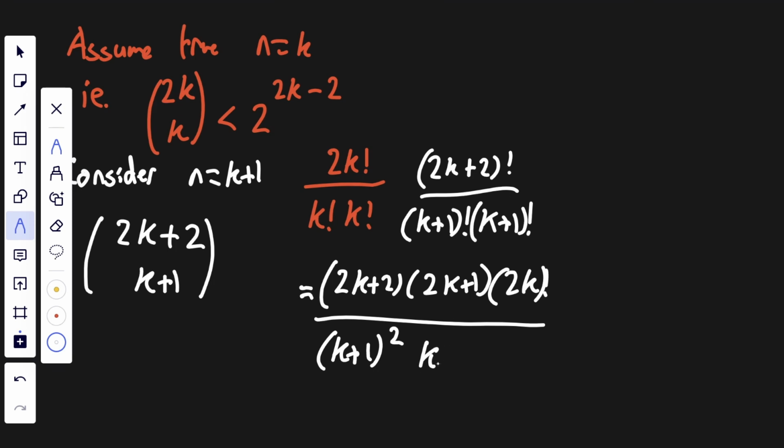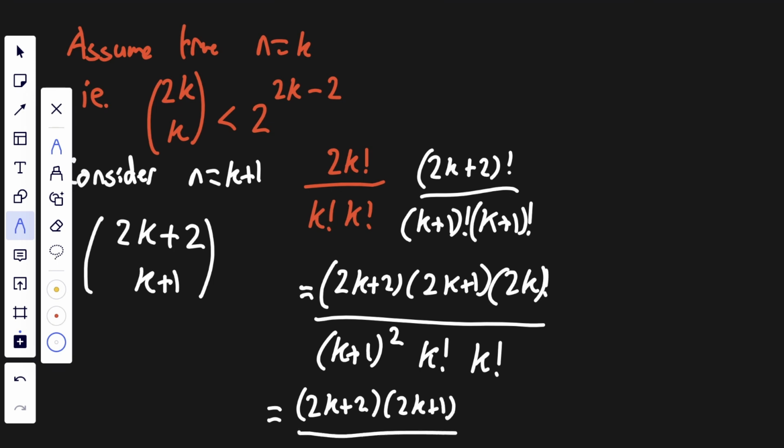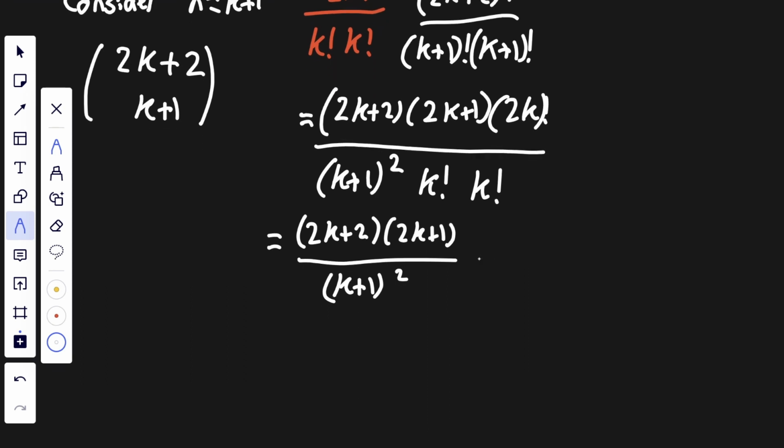That will leave us with a k factorial and a k factorial. So in other words, we get 2k plus 2 times 2k plus 1 over k plus 1 squared, multiplied by 2k choose k. So we've gone from here to here.